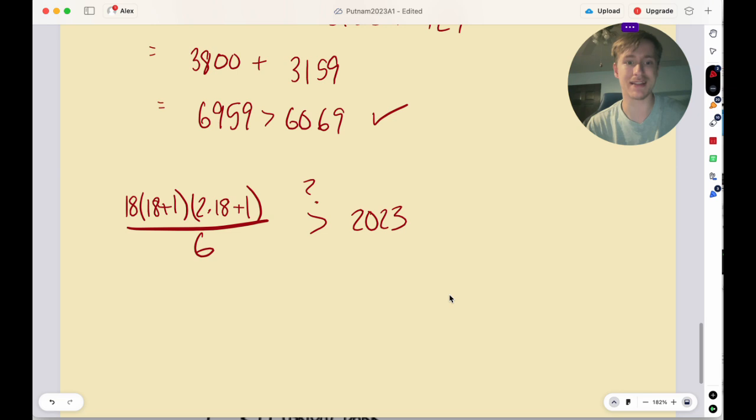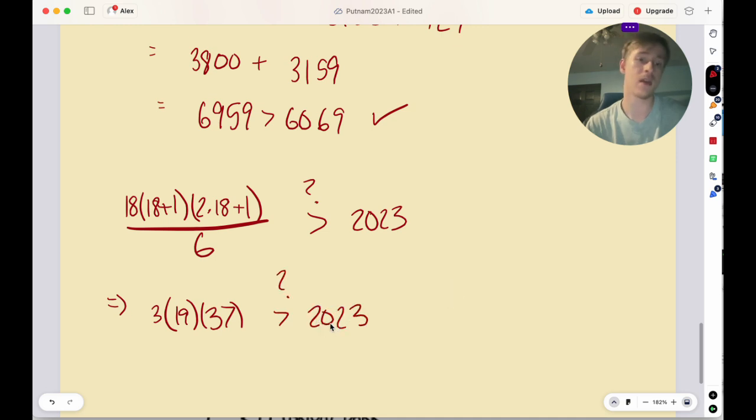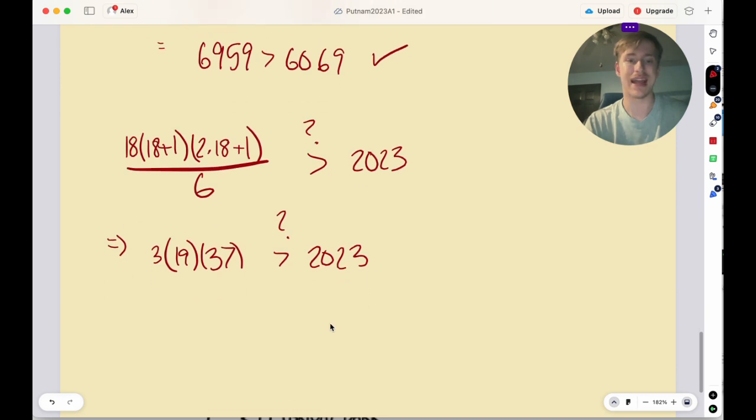That's a good thing because 6 does go evenly into 18. So that's going to imply I have 3 here, 19 here, double 18 and add 1, that's 37. And I have to see if that exceeds 2023. And how are we going to do that? Well, 19 I wrote as 20 minus 1.